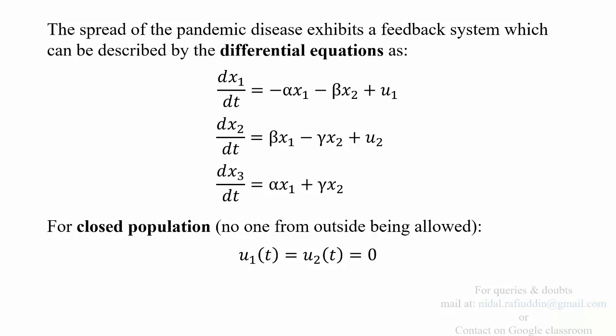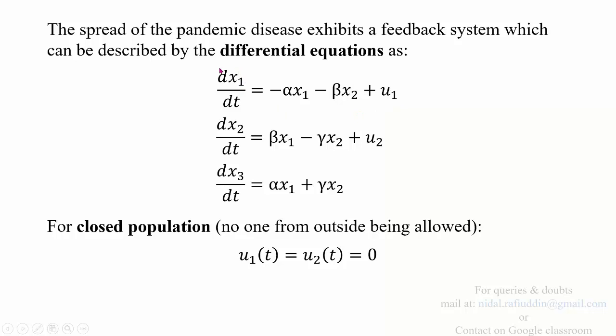You have dx1 by dt, which is nothing but the rate of change of the state, and x1 was the subset of population vulnerable to disease. These healthy people are not immunized or quarantined, and their state change can be represented by the expression minus alpha x1 minus beta x2 plus u1.